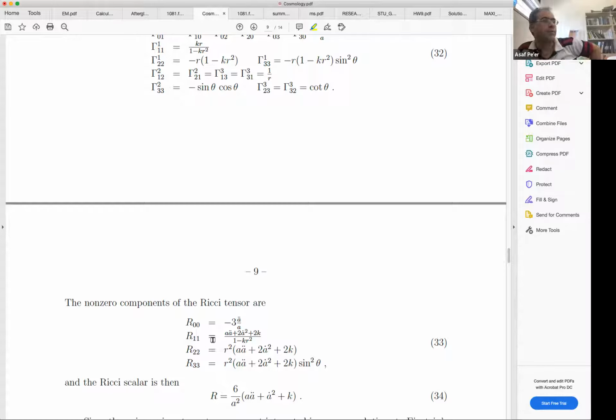R11 is A times A double dot plus 2 A dot squared plus 2k, divided by 1 minus kr squared. Again, k can be either minus 1, 0 or plus 1. R22 is r squared times A A double dot plus 2 A dot squared plus 2k. And R33 is R22 times sine squared theta.